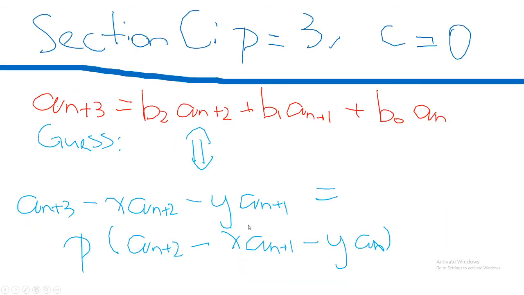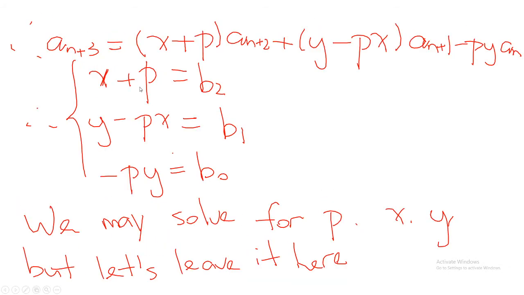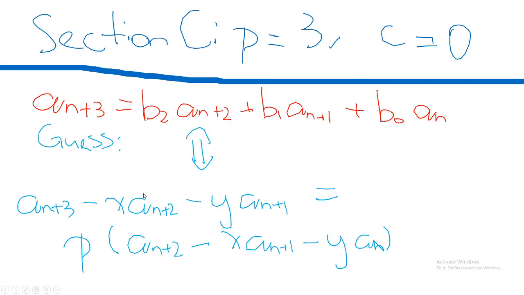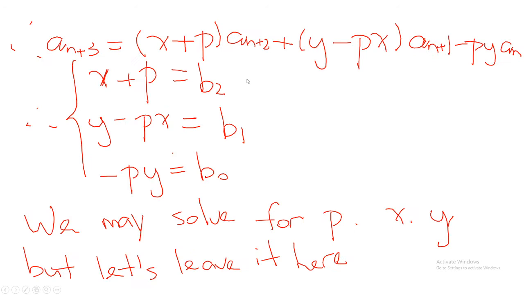We just break it apart and, to make the formula a bit more clear, we can conclude that An plus 3 is x plus p times An plus 2 plus y minus p times x times An plus 1 minus p times y times An.